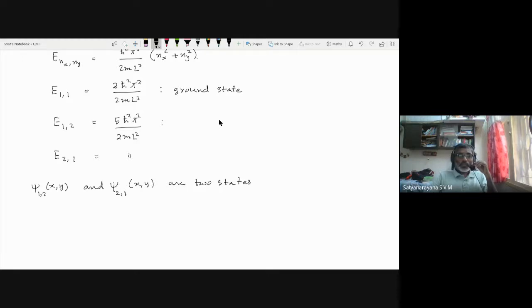with same energy. Then we say that this energy E12 is equal to E21 is equal to 5 h bar square pi square by 2m L square is degenerate.